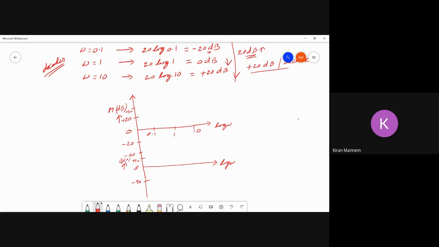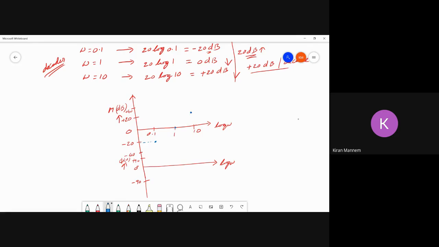So what's the value? At omega equal to 0.1, it is minus 20 dB. I use another color for this. So I have a point here at minus 20 dB. When omega equals 1, it is 0 dB. When omega equals 10, it is plus 20 dB.